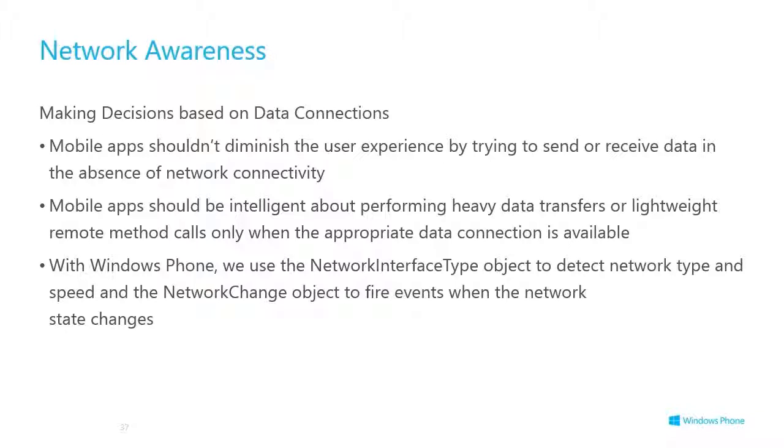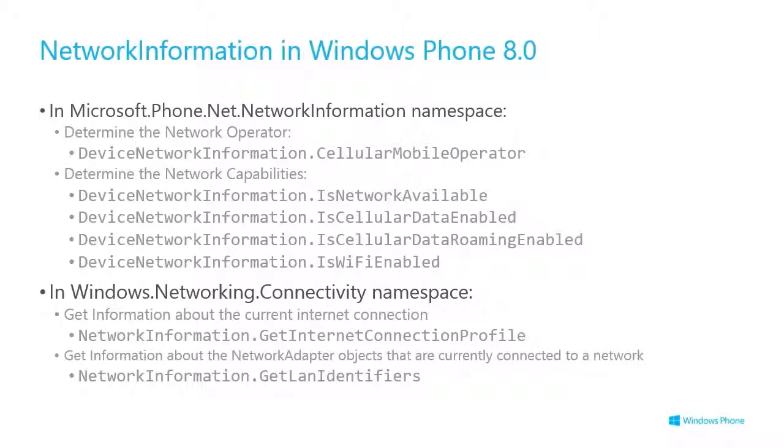That's, again, being good to your user and giving them a good user experience. We use this network interface type object to get information about the kind of network or the presence or absence of a network, and there are network change events that fire when the network state changes. So if you're being a good citizen, you want to keep an eye on the network interface type.